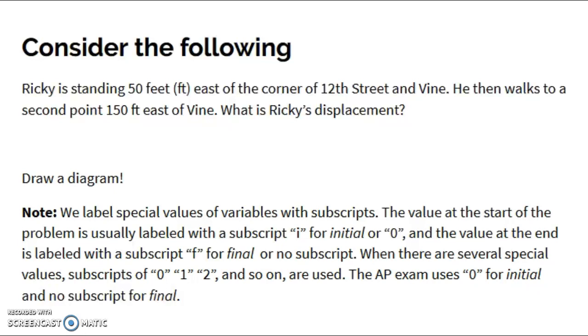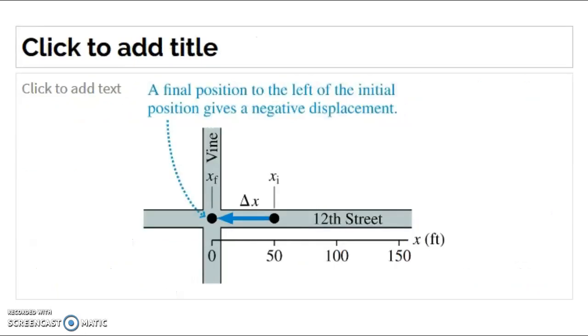So first things first, we're going to draw a diagram. I'll talk about this note in a minute, probably in the next video, looking at the time constraints. But you're going to want to draw a diagram. Drawing a diagram is the first step we're going to take in pretty much every single problem. So here what we might have is a coordinate axis where we have Vine running north-south, 12th Street east and west, and we have some horizontal coordinate system.